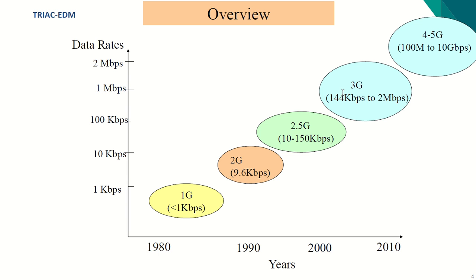So if you see 144 kbps, that was just right, a little bit good. It's just the right fit for data communication, barely meeting the requirements. And then up to 2 Mbps, that will fully support the data.